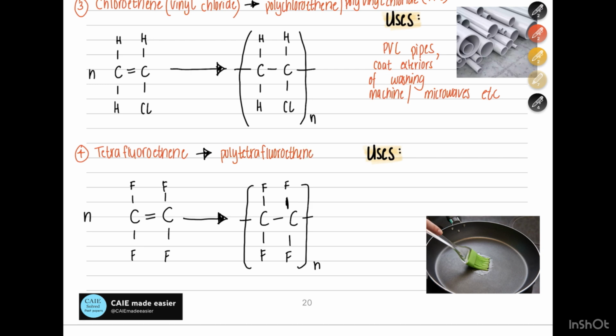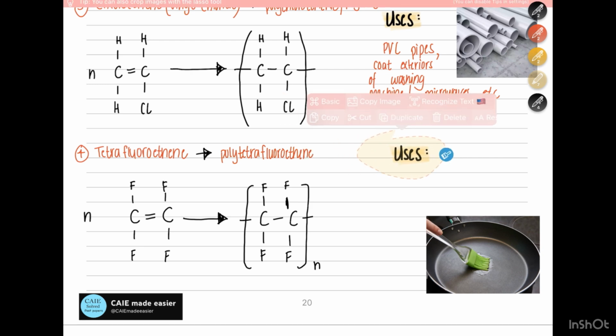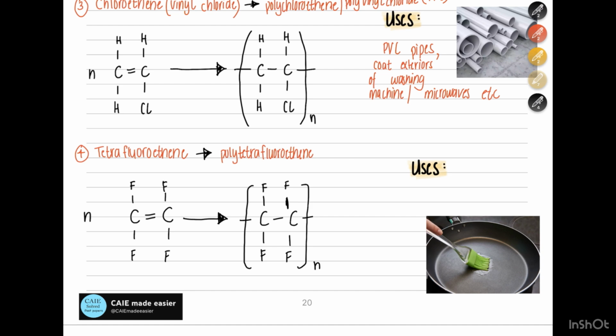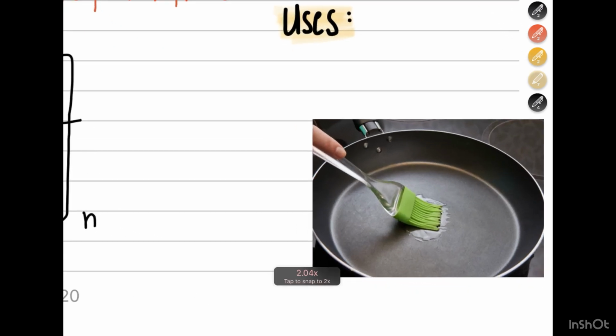Another name for polytetrafluoroethene is Teflon. Teflon is a very common word. This is how we refer to it in everyday use. Polytetrafluoroethene can also be called PTFE, because this is used to coat non-stick pans.